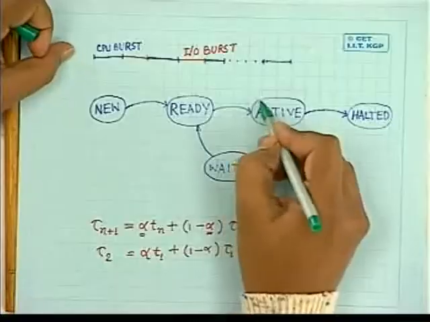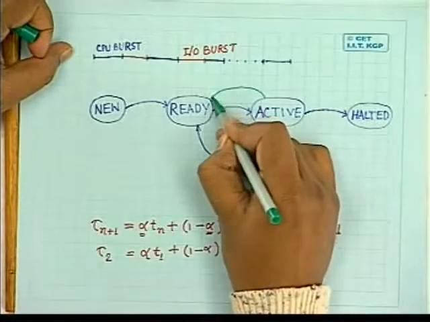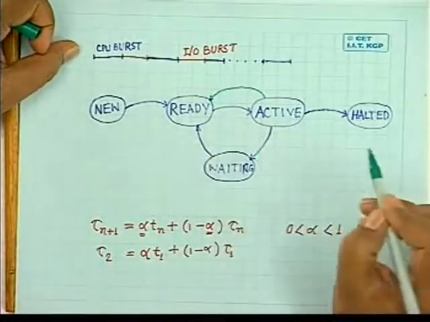That means it needs another 4 milliseconds of CPU time to complete its CPU burst, so it has to be in the ready queue. So I have to have another path to send a job from the active state to the ready state.